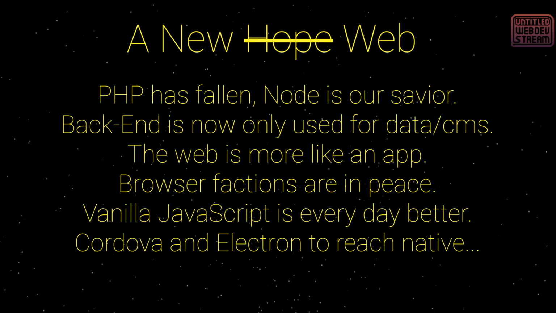And at this point you also have a thing called Cordova and Electron. Cordova is a thing that basically takes your HTML, JavaScript and CSS and turns it into a native app for mobile. So for example, you create a website and you make that website, through Cordova, an iOS or an Android app, right?